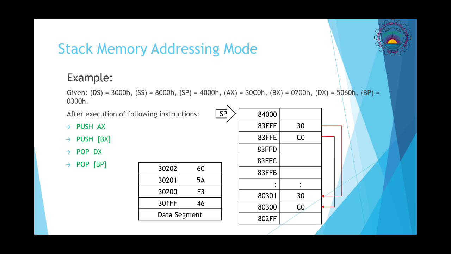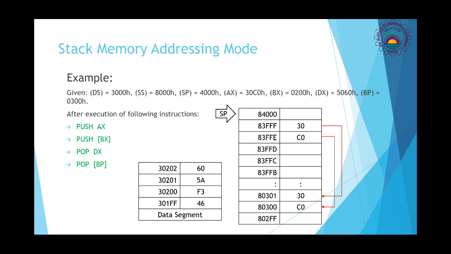Now second pop instruction is pop [BP]. Here a byte of data will be moved from top of the stack to a location within a stack segment at offset BP. Whenever we use BP register to point memory address, then that address will be within a stack segment.